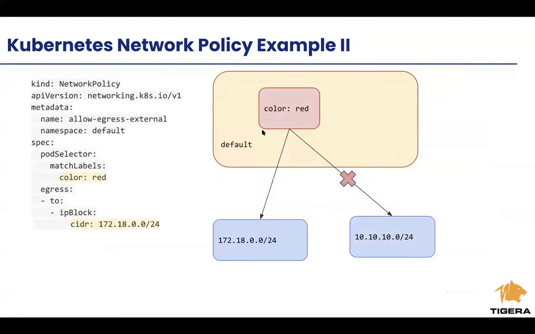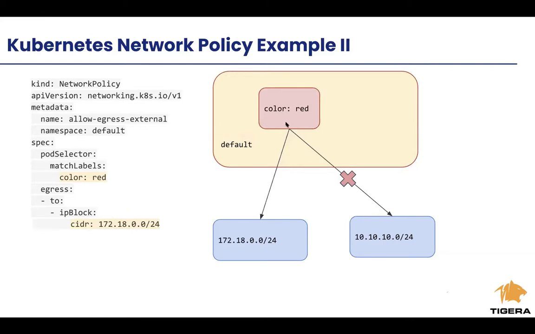Another example where we're using a set of labels. There could be a use case to allow traffic to specific sites. This is the case if you're trying to do egress traffic leading to a non-Kubernetes resource where you can use labels. We'll talk more about some other ways you can do this, but one way is to use actual CIDR blocks.